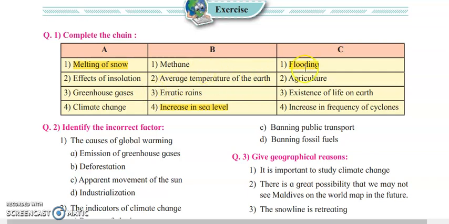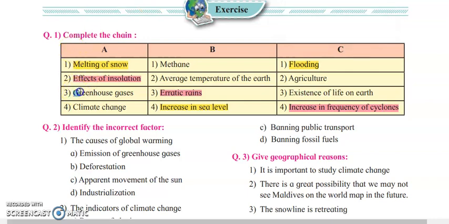After that, we have effects of insolation. The effect of insolation is going to create erratic rains, which later on is going to increase the frequency of cyclones. Then we have the greenhouse gases.